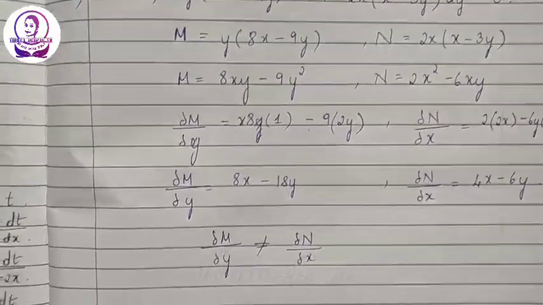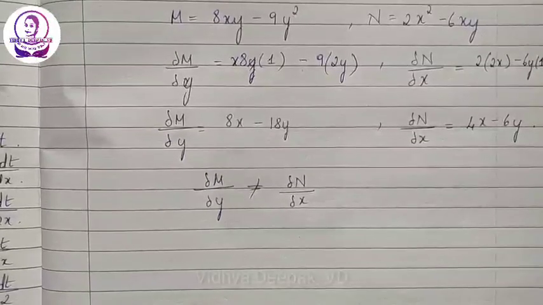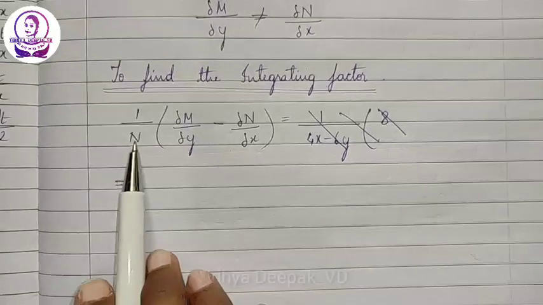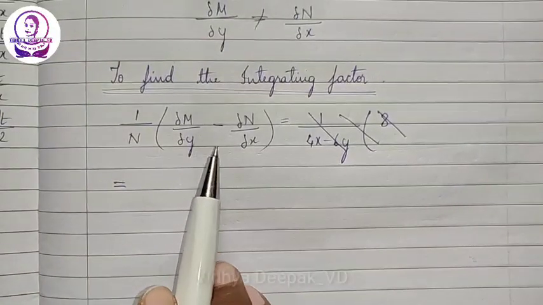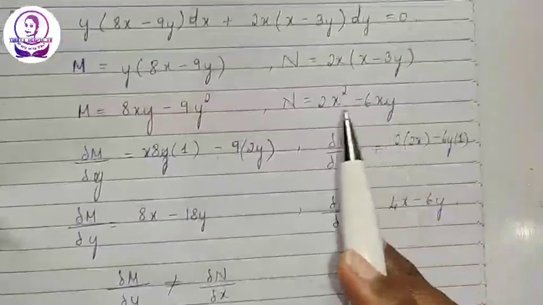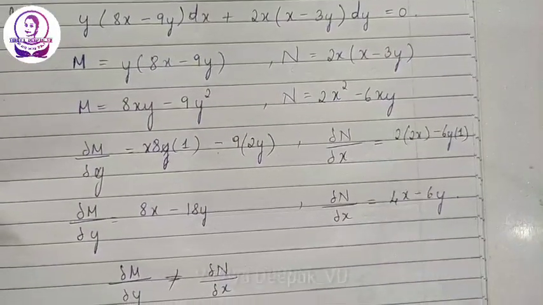So here comes our next step. To find the integrating factor, we have the formula (1/N)(∂M/∂y − ∂N/∂x). N is 2x² − 6xy.